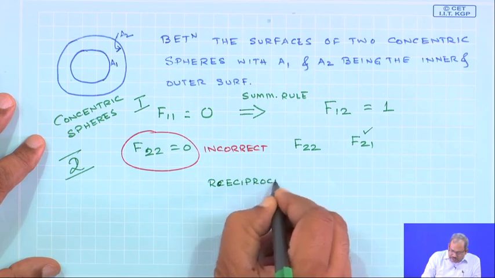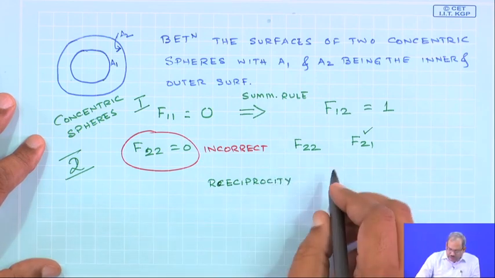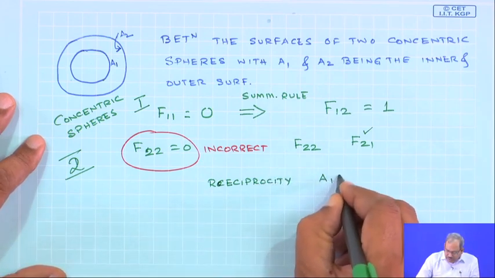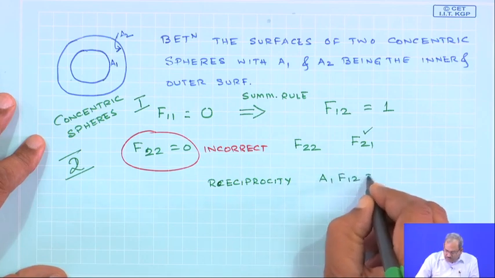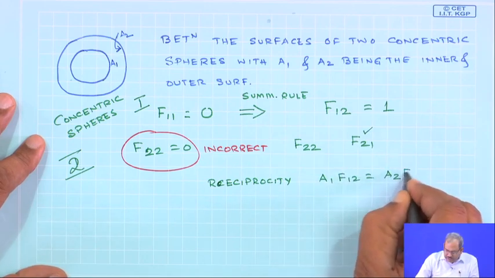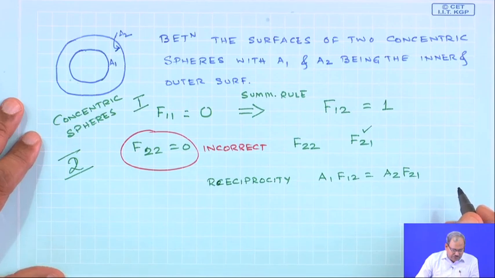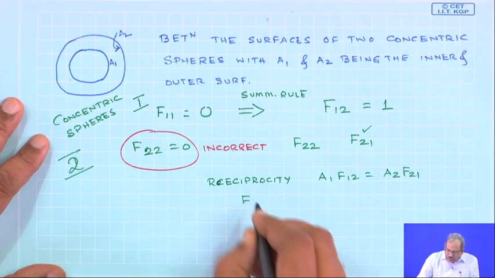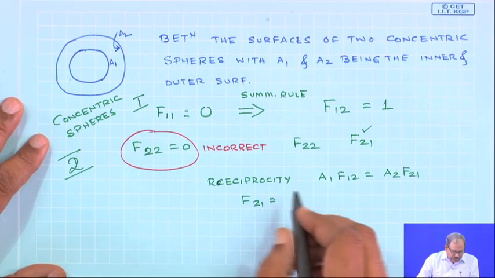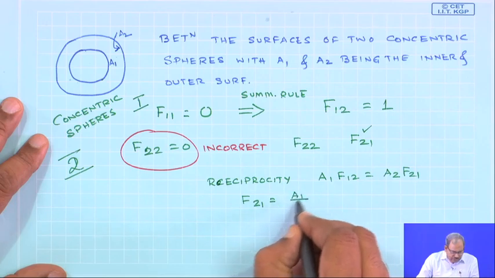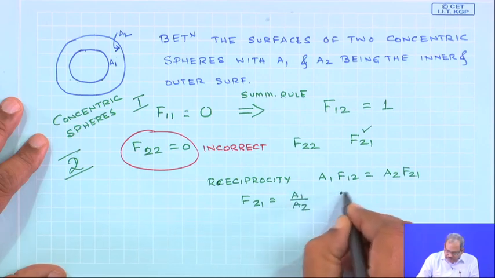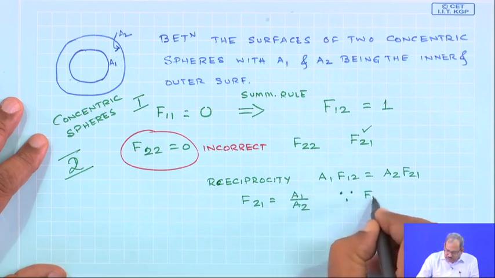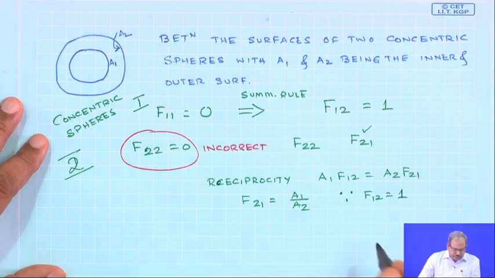That is the other relation which we have. So, reciprocity gives us A1 F12 must be equal to A2 F21. That is the reciprocity relation. So, F21 is equal to A1 by A2, since F12 is equal to 1.